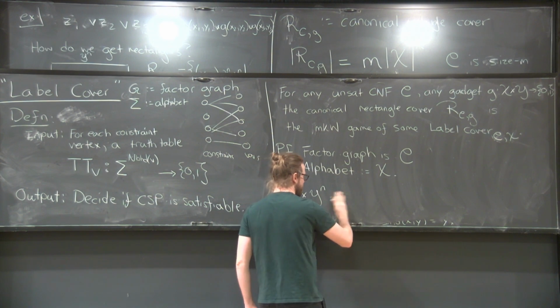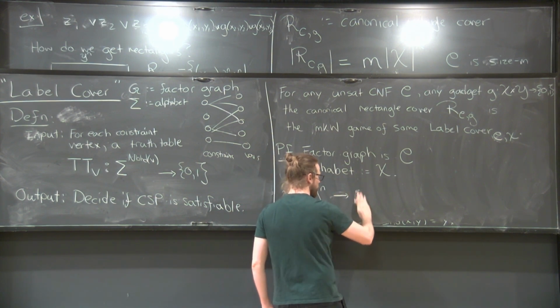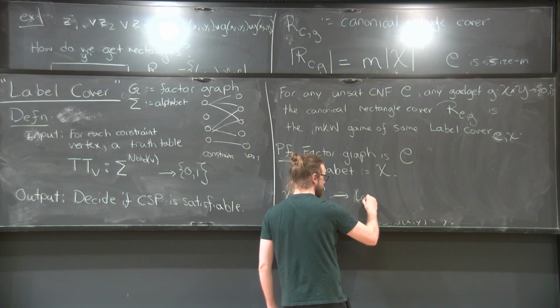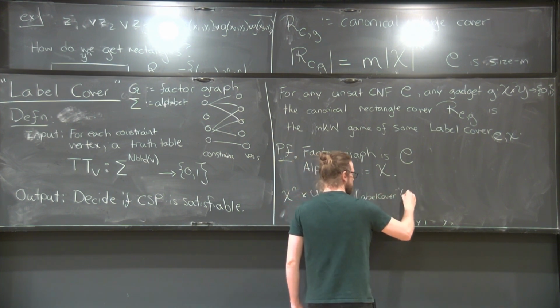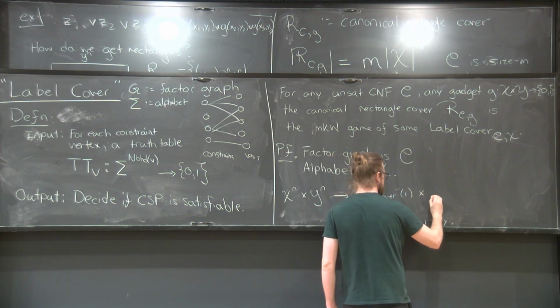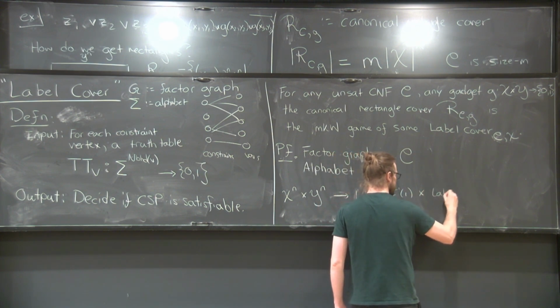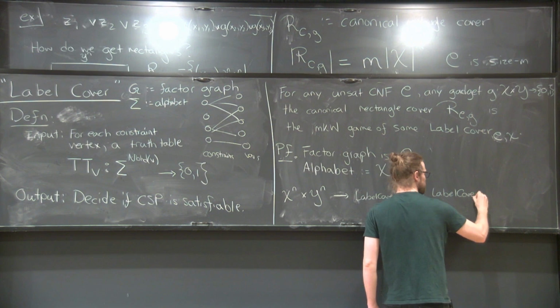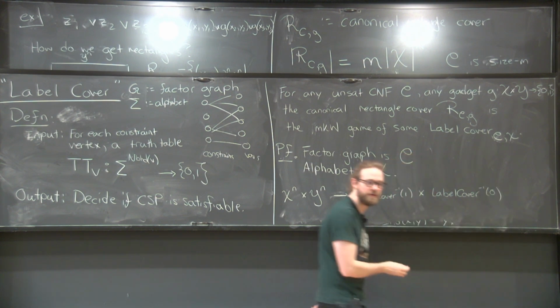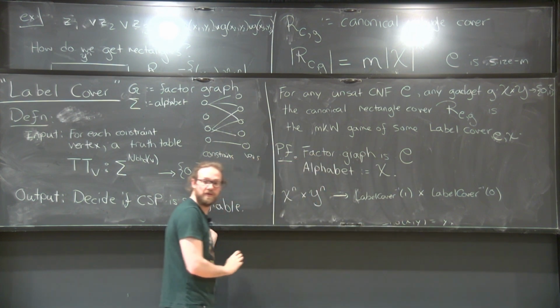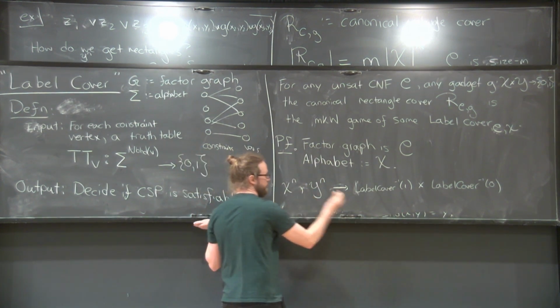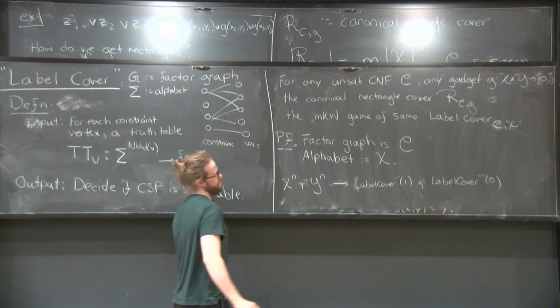And we want to map this to the ones of label cover and the zeros of label cover. So x's are going to map to ones and y's will map to zeros. I mean, this is really not a cross product, just to be formal.